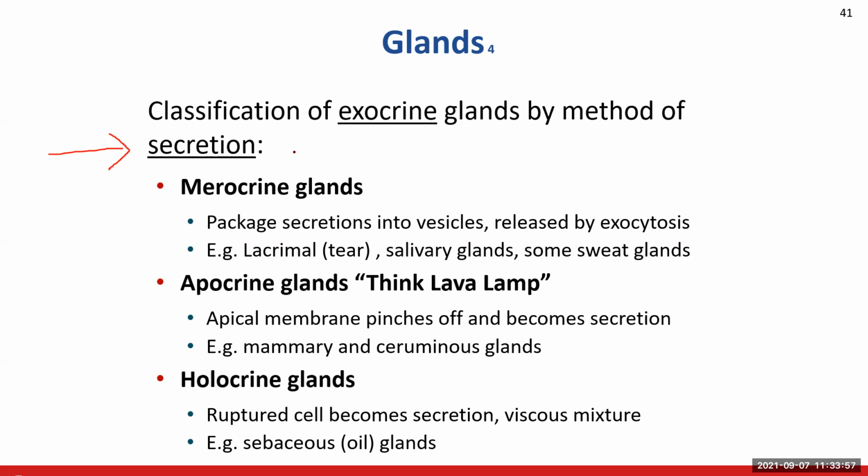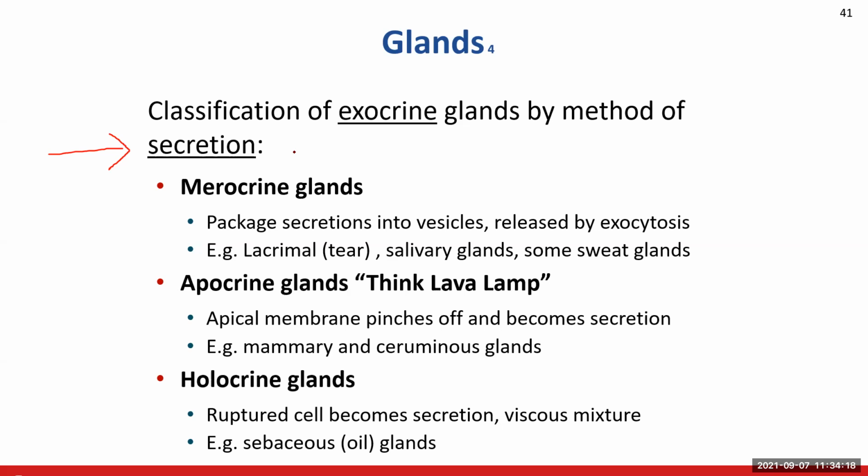The merocrine glands, real simple, are going to make their secretions and then package them up into vesicles. Now, we talked about this last week. We were talking about our endoplasmic reticulum and the Golgi apparatus, and you have transport vesicles and secretory vesicles, right? That's what we're talking about here.